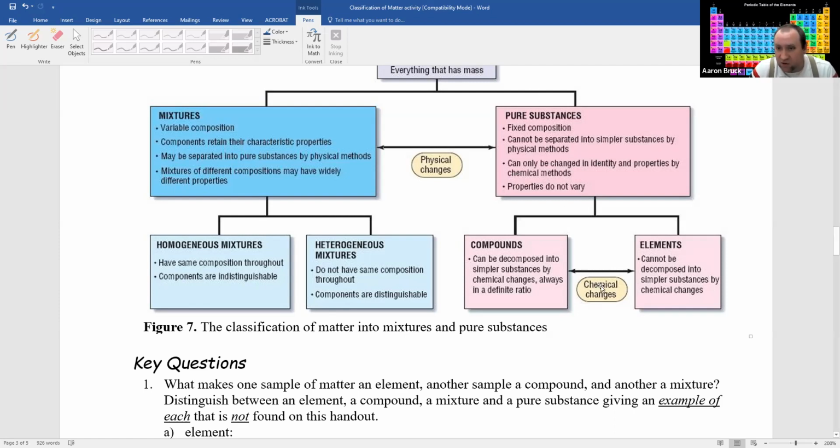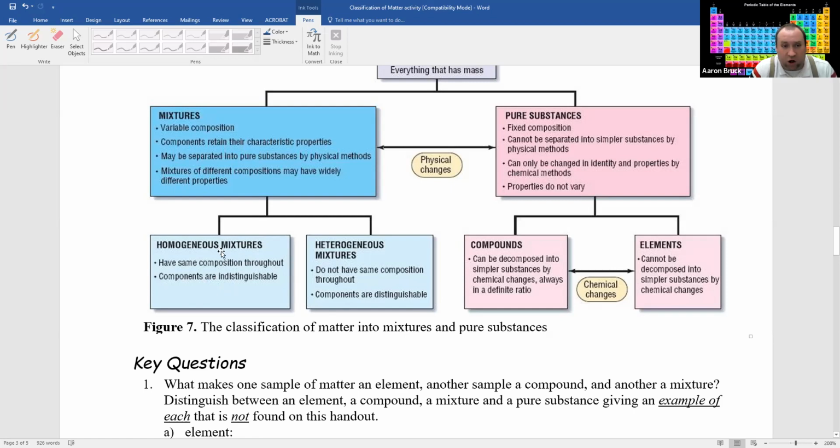And that gets into the fundamental difference between elements and compounds. In elements, we only have the one type of atom. In compounds, we have more than one type of atom. And if I wanted to turn an element into a compound or a compound into an element, I'd have to go through some kind of a chemical reaction to do so.